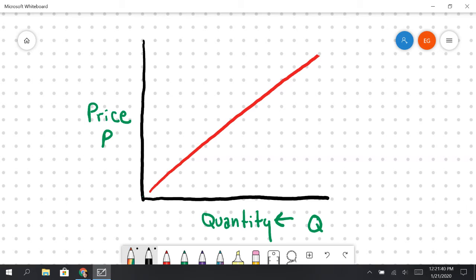Like the iPhone, in 2006, when they didn't exist, there was 0 supply. But now, let's call this 2020, billions have been made. And so over time, the quantity has risen. So that is the supply line.